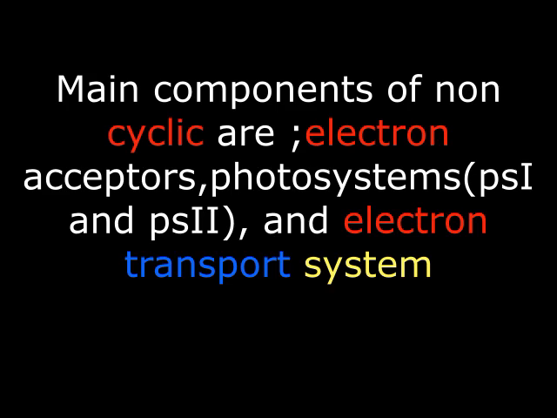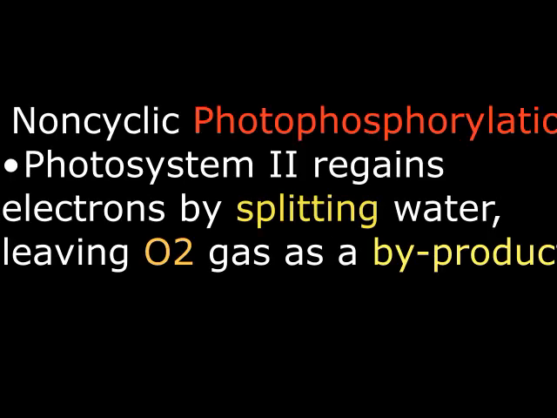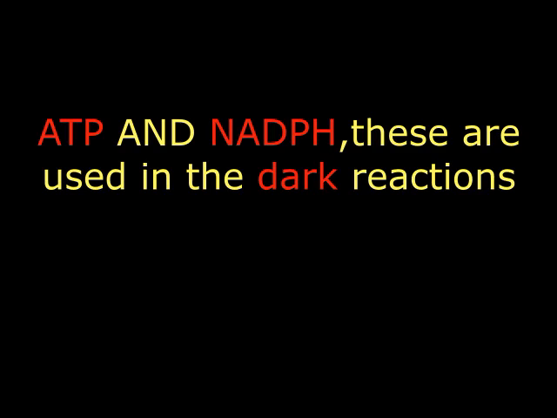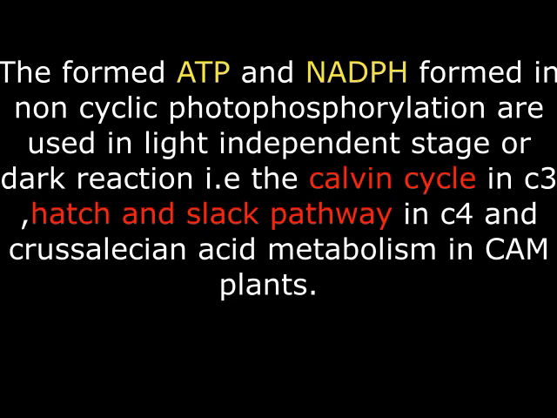But the overall process, members, what we are going to yield from non-cyclic photophosphorylation, the main products which we need in the dark reaction, are ATP as well as the reduced NADP. Those two components are very vital because we always apply them in the dark reactions like the Calvin cycle as well as the Hatch and Slack cycle.